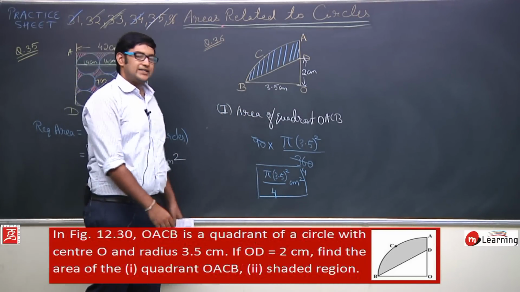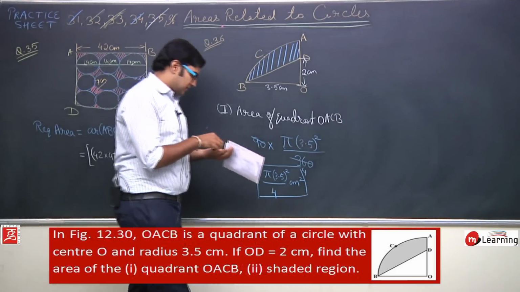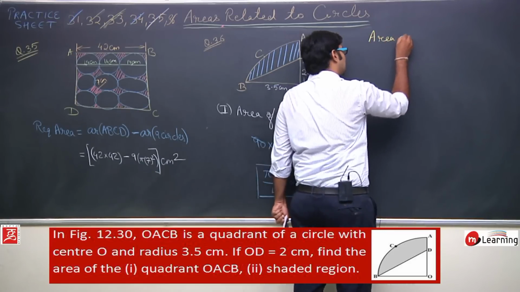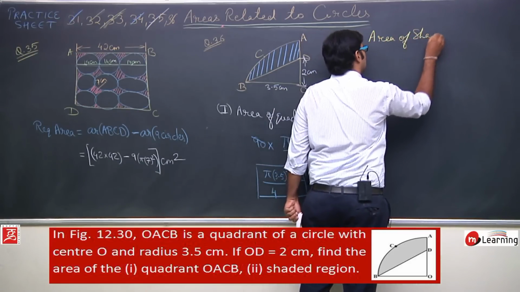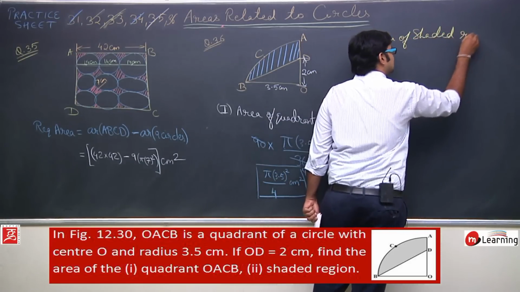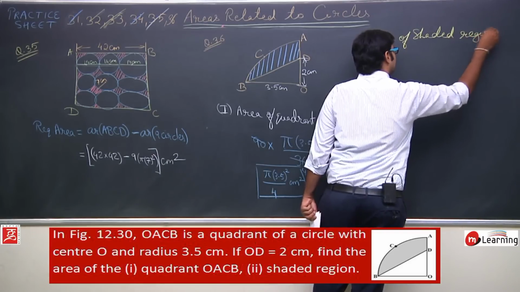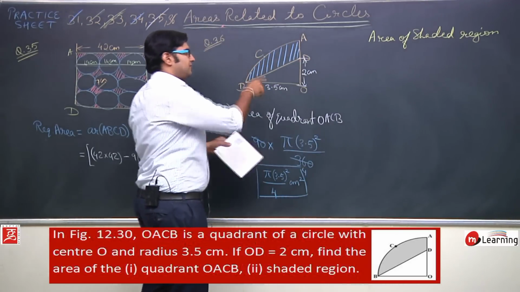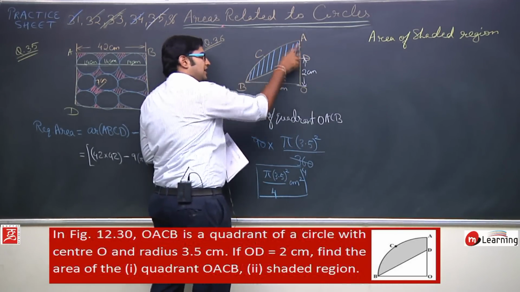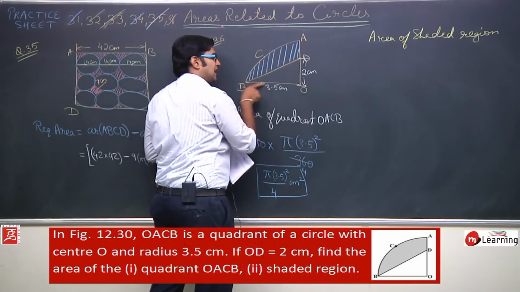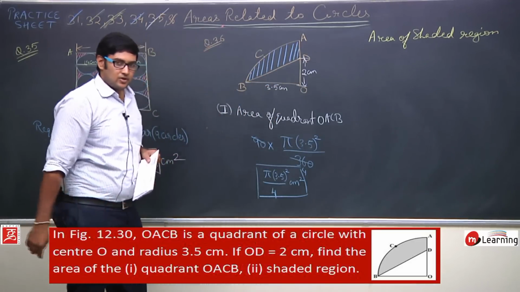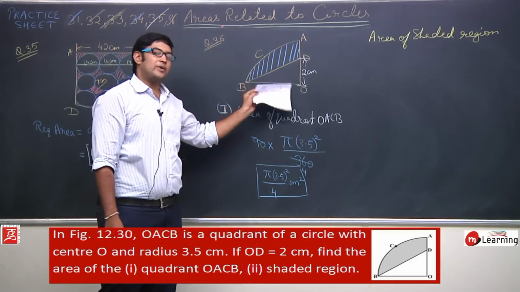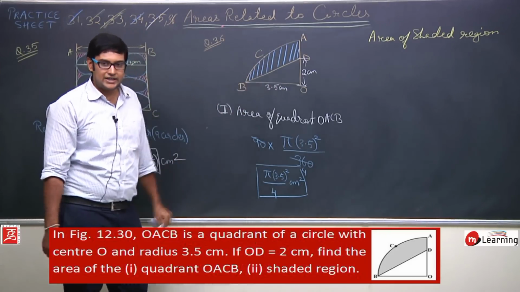Now after this I need to calculate the area of the shaded region. What you can see in the figure is that if from the area of this quadrant I subtract the area of this triangle OBD, I will get the area of the shaded region.